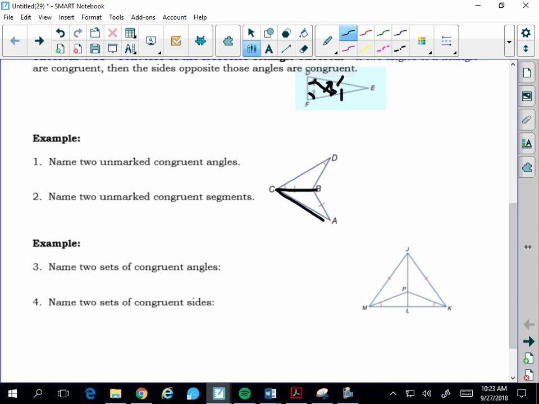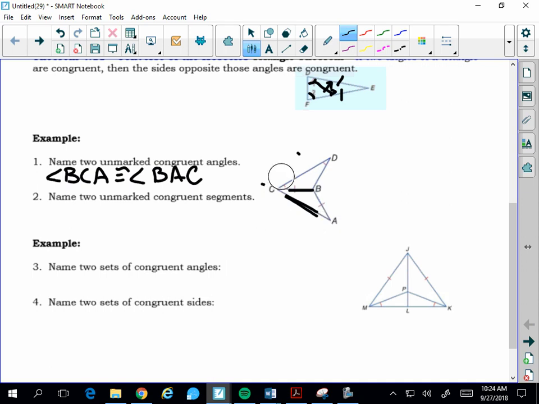I have angle BCA, and I've got angle BAC. Sorry, my colors aren't working, so that's not very good. I'm going to say that those two are congruent.